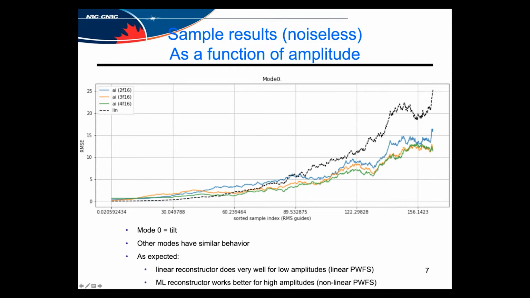But for high amplitude, the non-linear reconstructor does better. What's interesting is the mode number where you have this crossover where the linear reconstructor starts doing worse. In that case we look at the tilt mode, but other modes have a similar behavior.